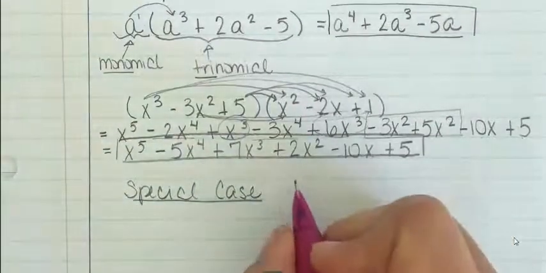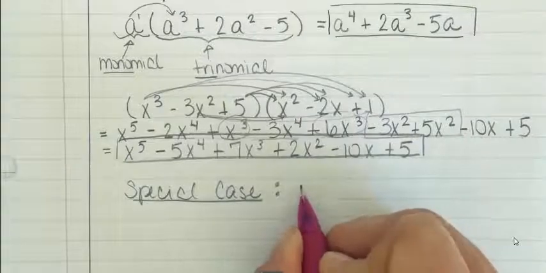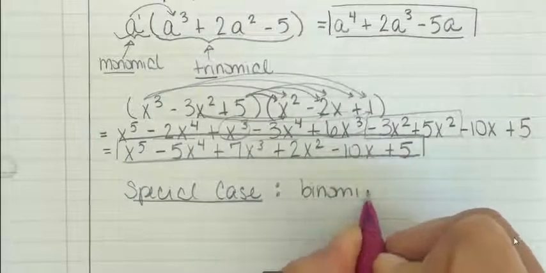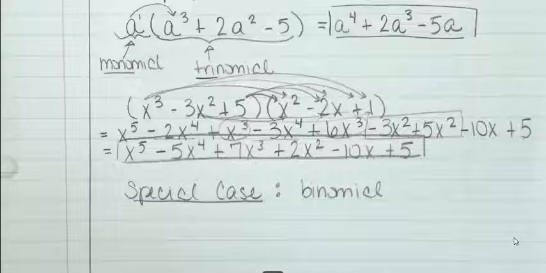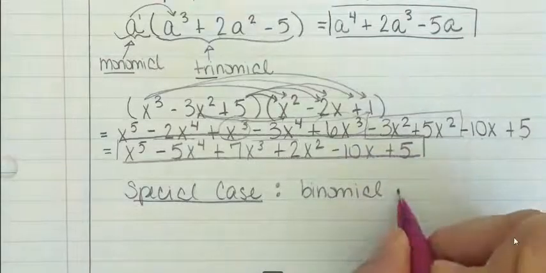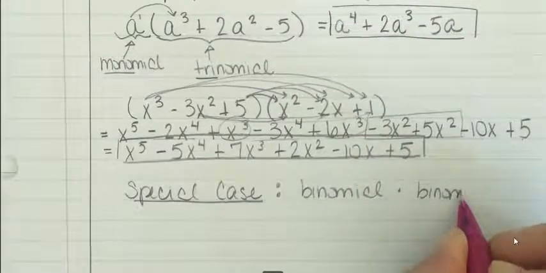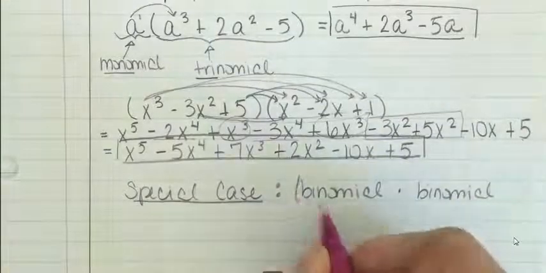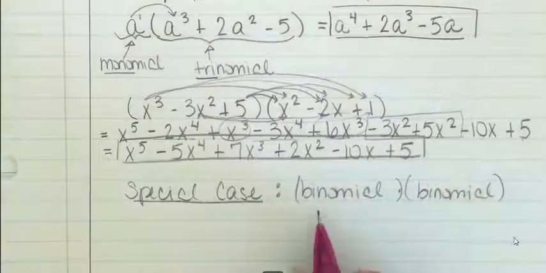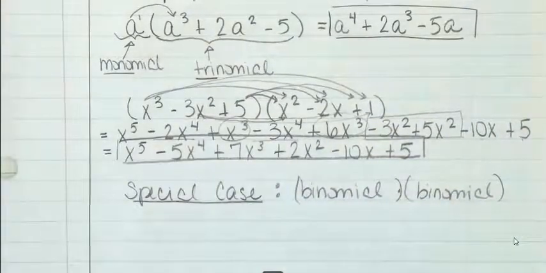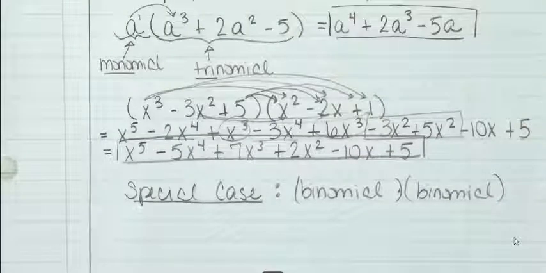And that special case is when you take a binomial, which is 2 terms, and you multiply it by another binomial, right? So maybe I'll put parentheses around them. You got 2 terms times 2 terms. That's what binomial means, okay?